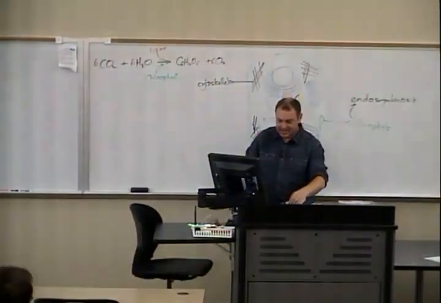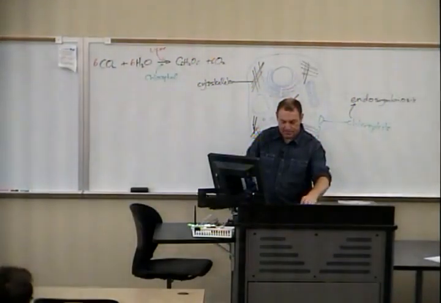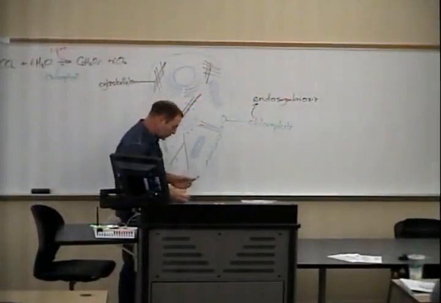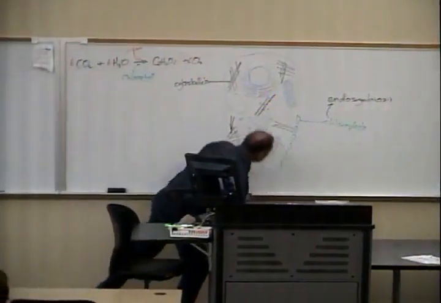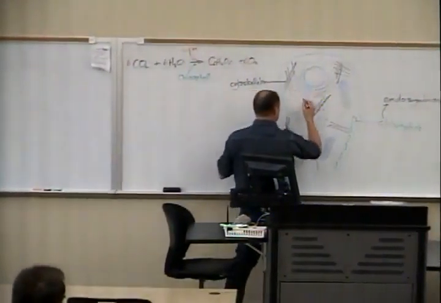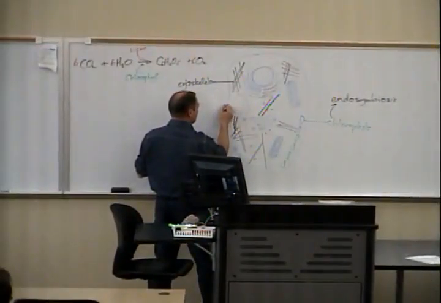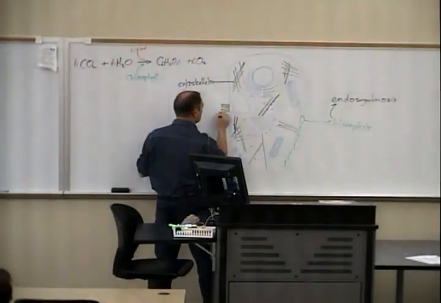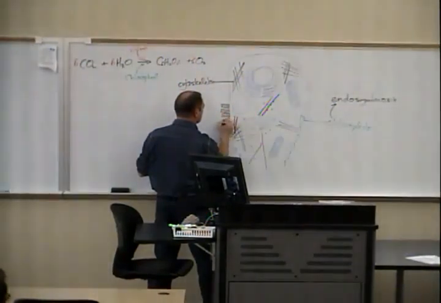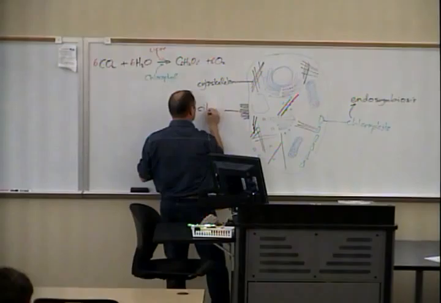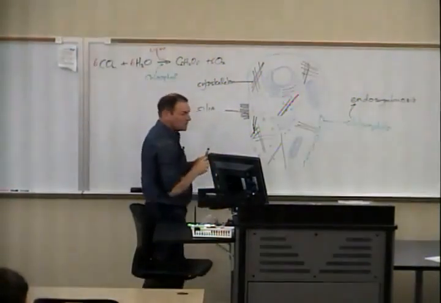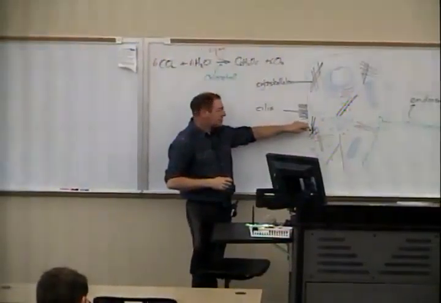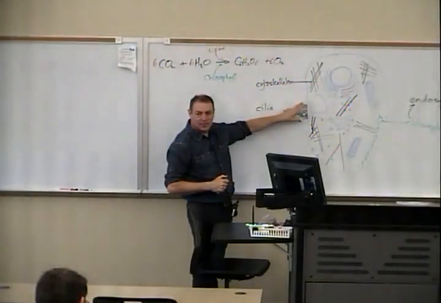So let's add some cilia and flagella. They're not membrane, so I'm going to draw them in black. I'm going to add a whole bunch of cilia, say, over here. Now, cilia may not occur in a little patch like this.